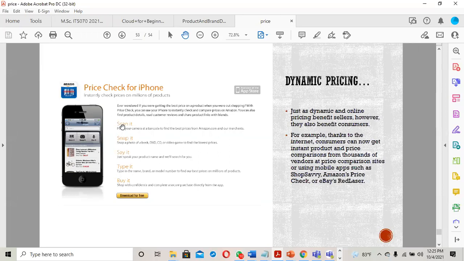So this is what I told you: scan it, snap it, save it, and buy it. You just have to scan the code, and it will tell you how much it is going to cost you at that moment. There are different software apps you can install on your phone.